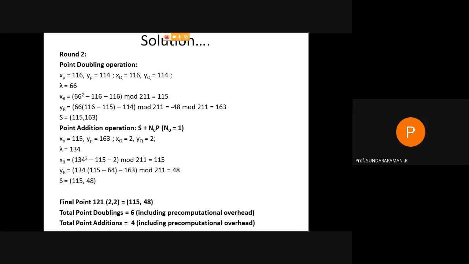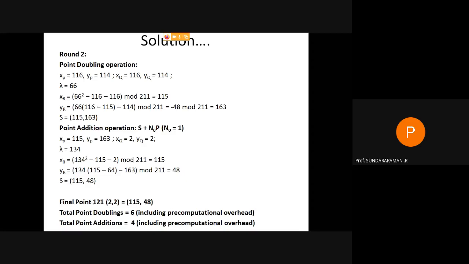And I hope you remember that the same value was obtained for our left to right scalar multiplication. Now we are also obtaining the same value, right? So that ensures that all the pre-computations plus multiplication processes have been performed in a very proper manner.